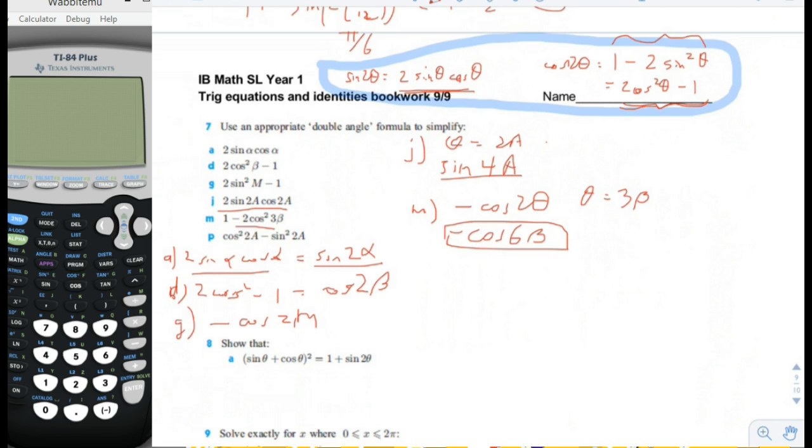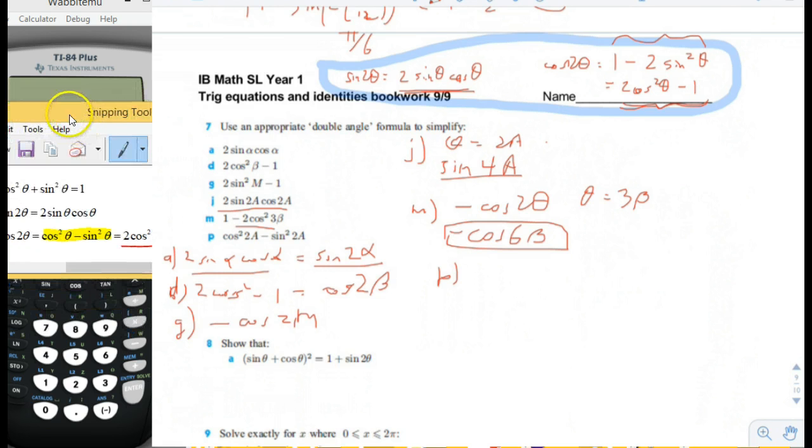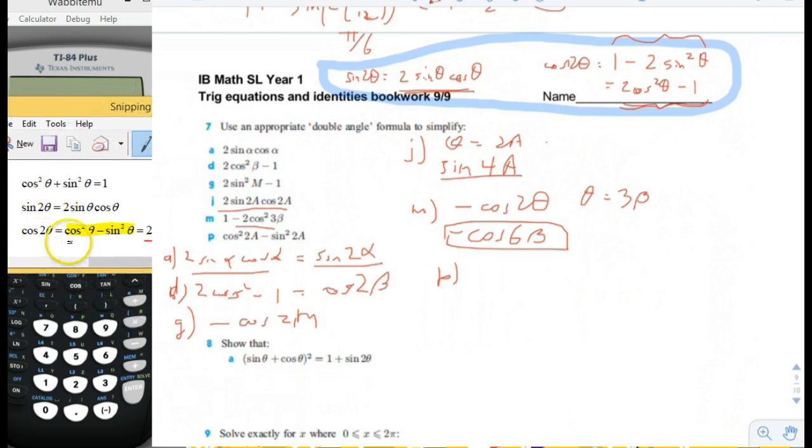Okay. P. Cosine squared minus sine squared with 2a in for theta. Now wait a second, that's one I didn't write down here, but here you go. Cosine of 2 theta is equal to cosine squared minus sine squared. So since I have cosine squared minus sine squared, that's equal to cosine of 2 theta.